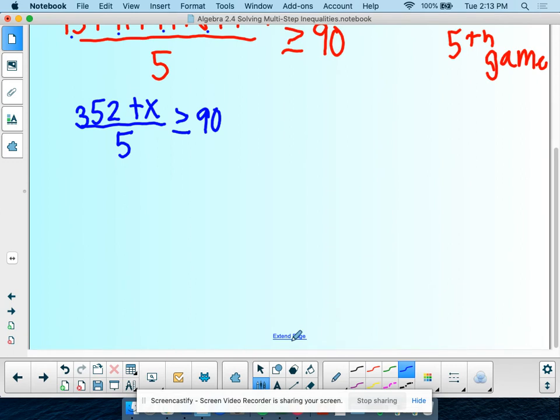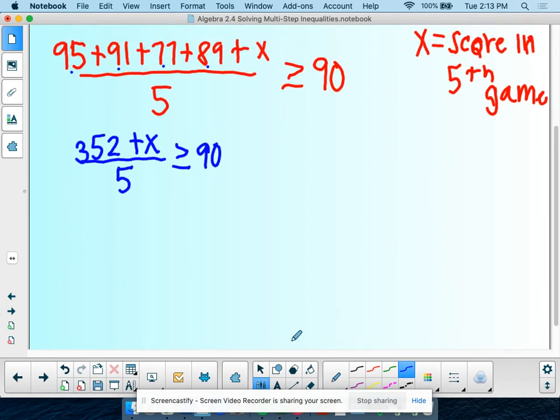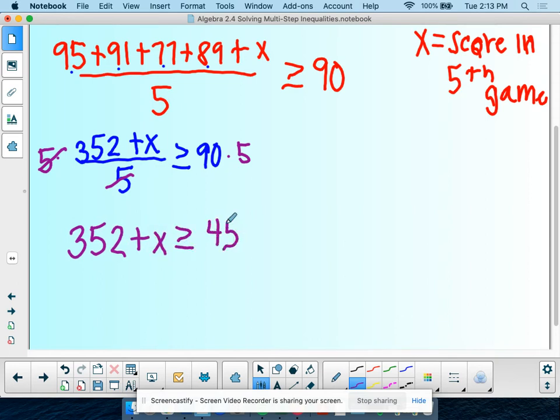And then from here, how do I undo divide by 5? We multiply by 5. So my 5's go away, so we're just left with the top. So 352 plus X is greater than or equal to 450. And now we have a really basic equation to solve. Subtract that 352.